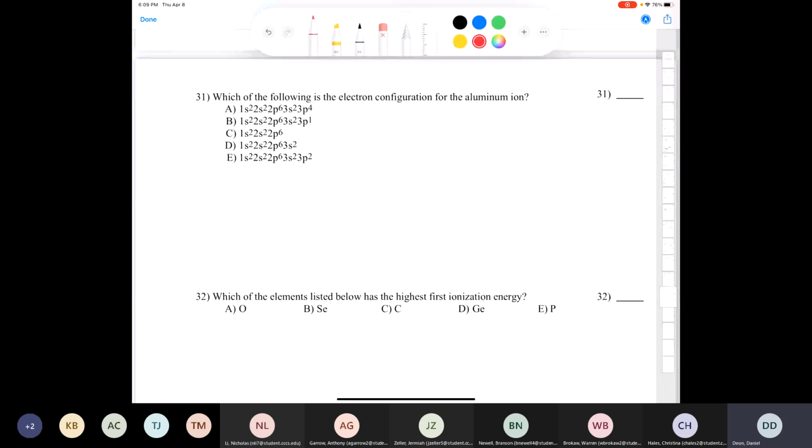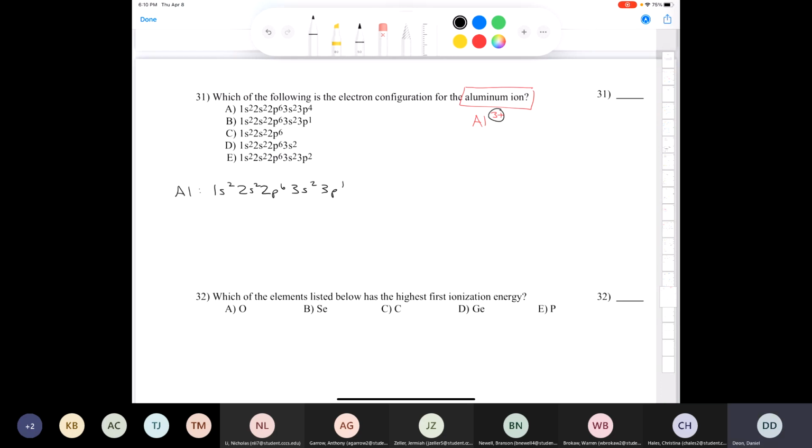Question number 31, which of the following is the electron configuration for the aluminum ion? Well, you need to know, and I went over this with you in class when we discussed oxidation numbers, that an aluminum ion is always aluminum 3+. If I write out just the electron configuration for aluminum itself, we could do the whole thing 1s2, 2s2, 2p6, 3s2, 3p1.